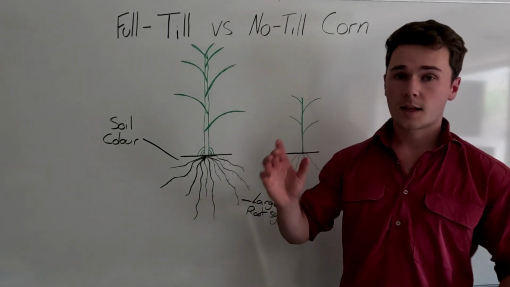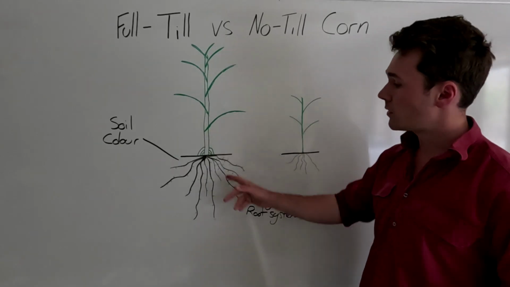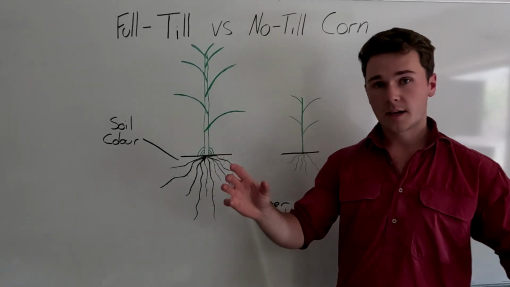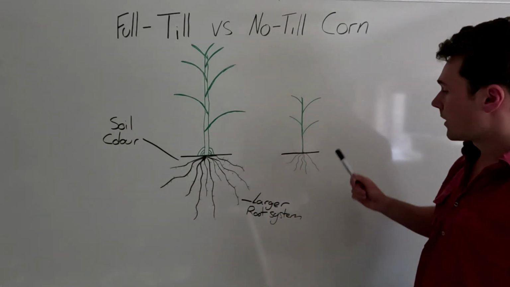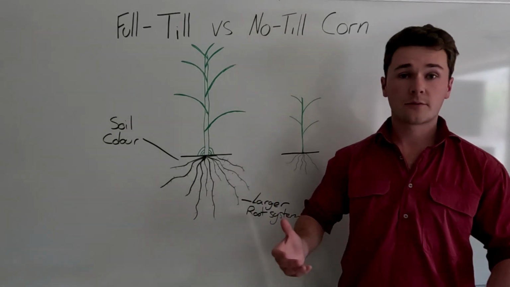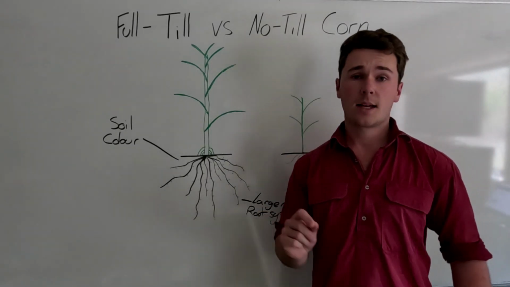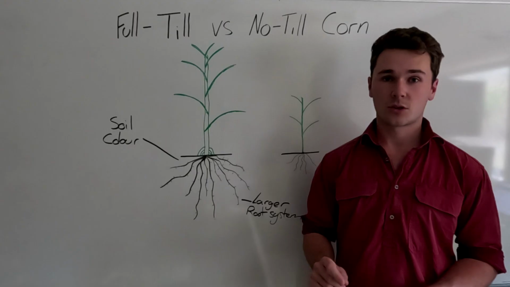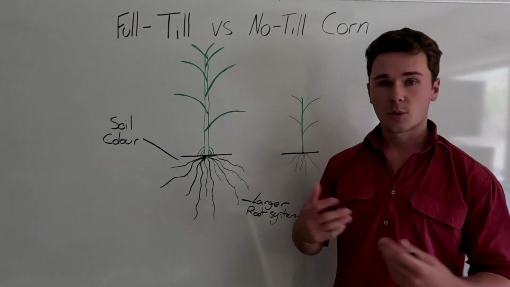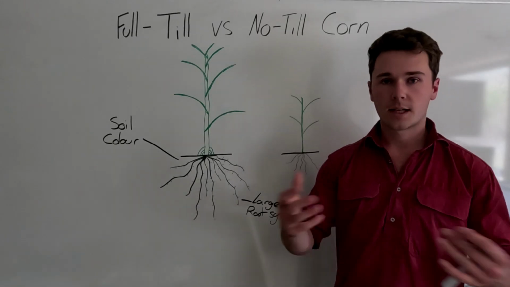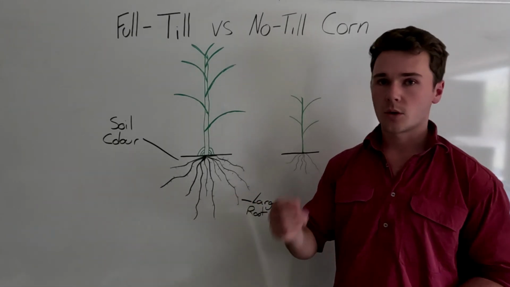The third thing I found that was really interesting was that the no-till corn had a lot of root hairs coming off the main roots, whereas the full-till corn basically had nothing. It was effectively bare in terms of root hairs. Now, root hairs is a good sign that the rhizophagy cycle has started, has somewhat activated, or the plant is searching more for nutrition.